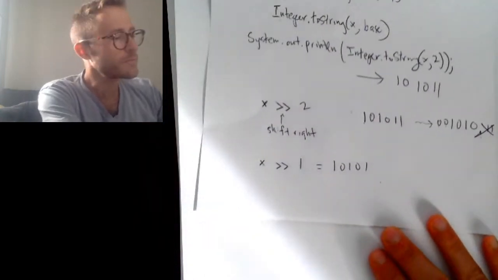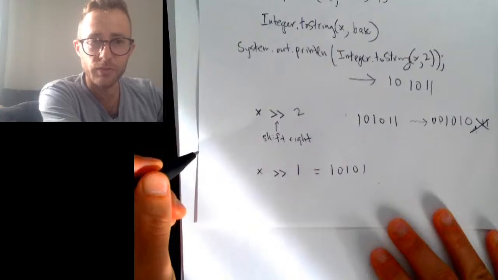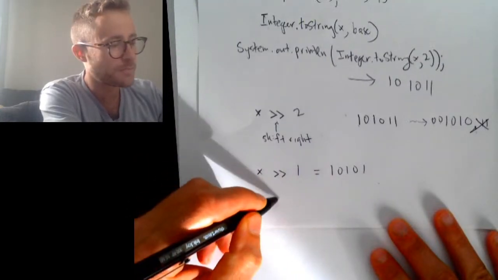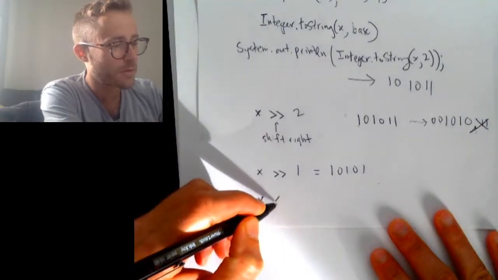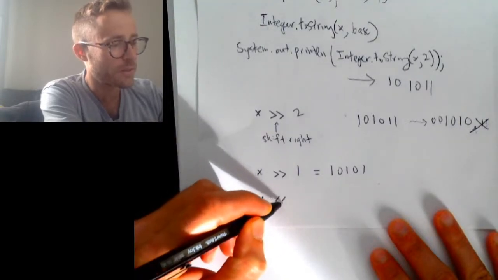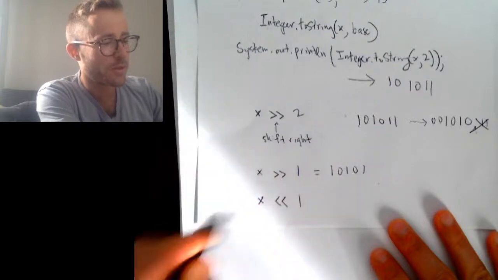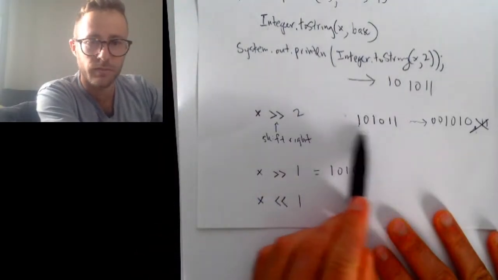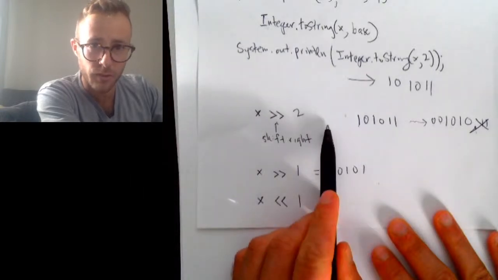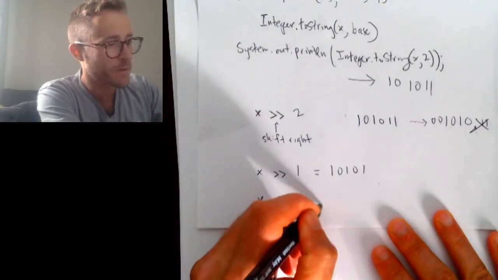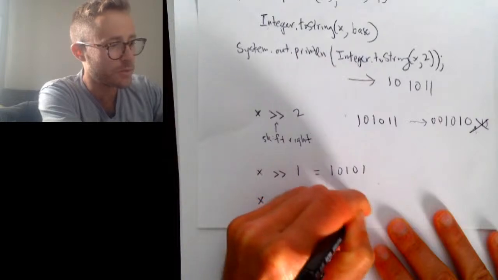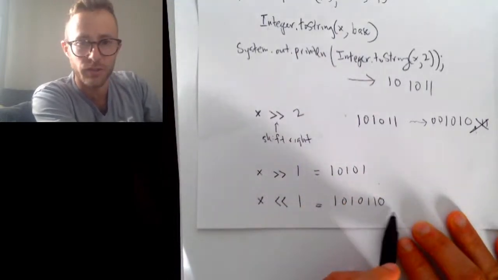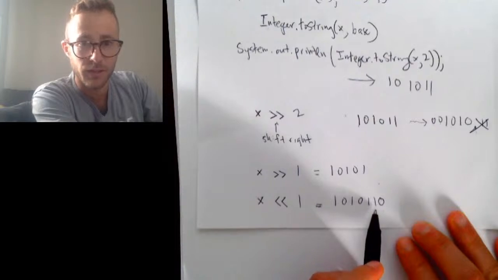There is also a shift left, which is <<. So that's going to shift the string of bits to the left by one space. So this would be 1, 0, 1, 0, 1, 1. And then it's going to shift it to the left and fill it in with a 0. Okay.